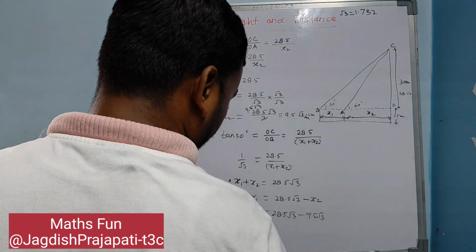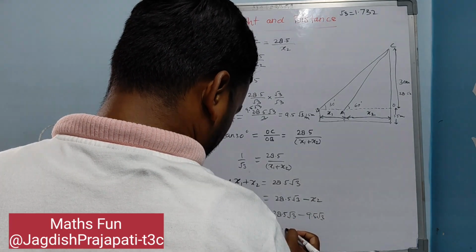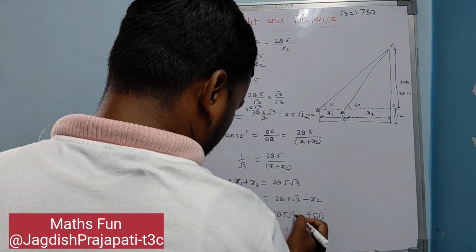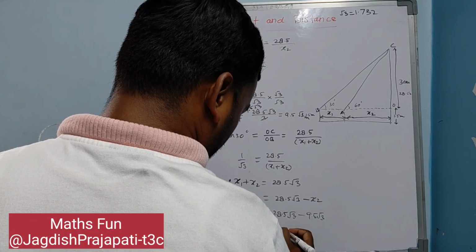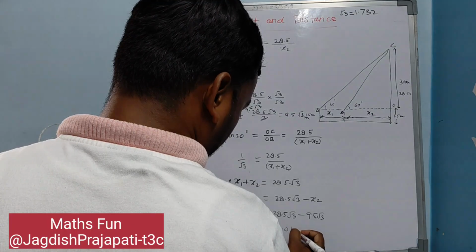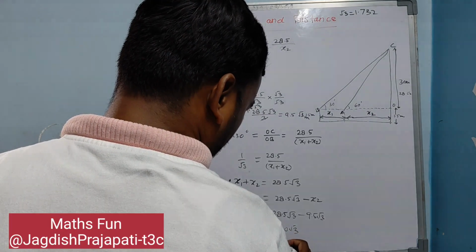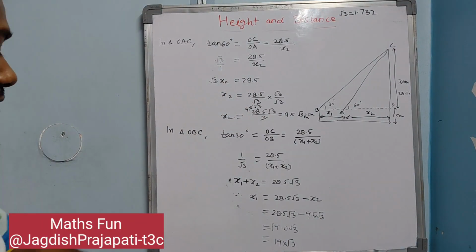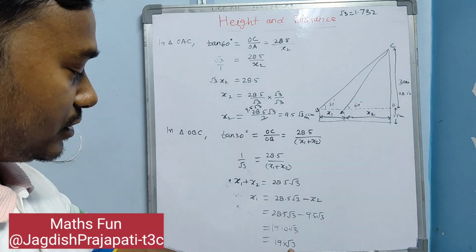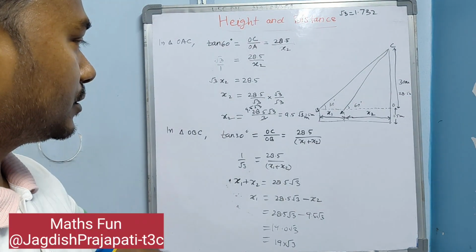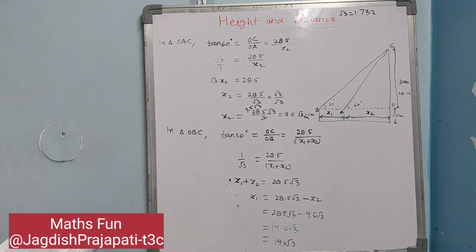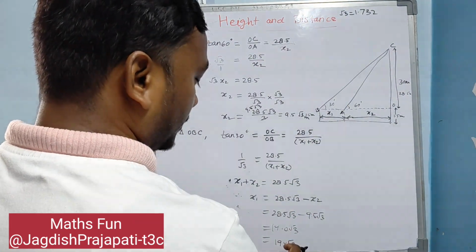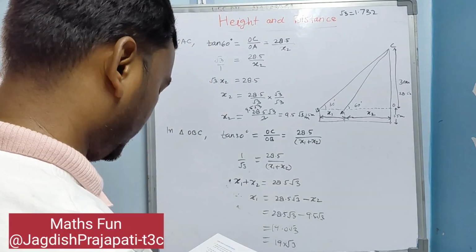Okay, so this will be 28.5 minus 9.5, so 19 under root 3, means 19 into under root 3. If you want, you can solve by putting the value of under root 3 as 1.732, and this will be your answer. The distance the boy walks is 19 into under root 3 meter.